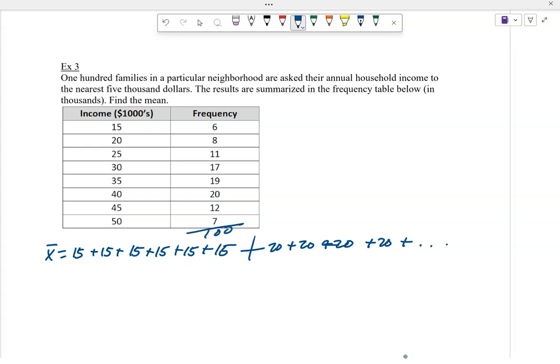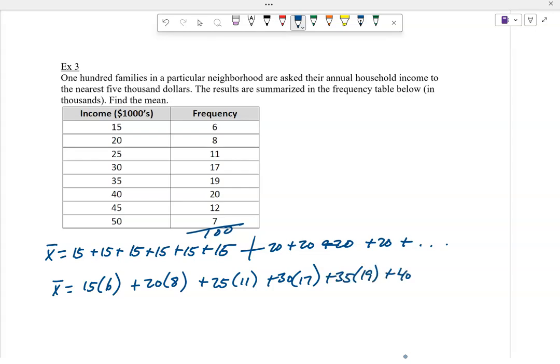So how can we shorten this? Well, 15 plus 15 plus 15 plus 15 plus 15 plus 15, that's 6 times, is just 15 times 6. Then there are 8 of these 20s. I've also got 25 times 11, 30 times 17, 35 times its frequency, 40 times 20, 45 times 12, and 50 times 7.